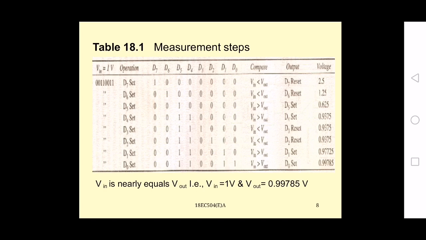Based on that we decide whether to set the bit high or low, and we go to the next cycle. Totally it will take 8 cycles to complete the operation, and we are successively approximating our D to A converter output voltage with the input voltage, and it will be seen in the diagram in the next slide.